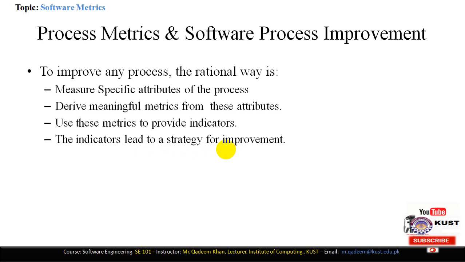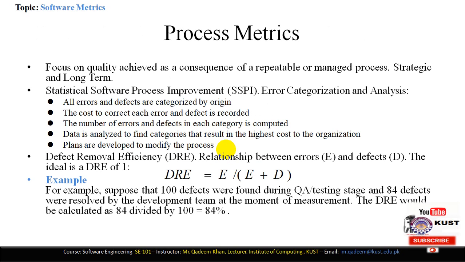For example, we have the agile process, we have the scrum process. Similarly, we have the CBD model, the component based software development model. So whether we have to change the process, or the current process is good for us, is provided by the indicators by using software metrics.